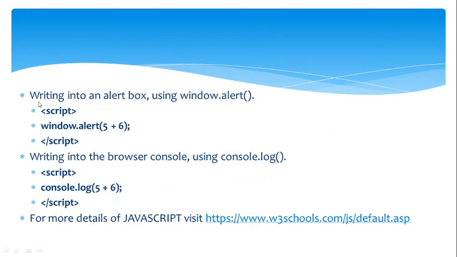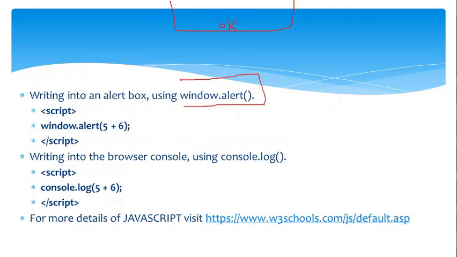And the third one is writing into an alert box. We will get the alert box on the screen, like your username and password will be displayed, and at the top you will get press OK. Okay, this example we have done in lecture 2.